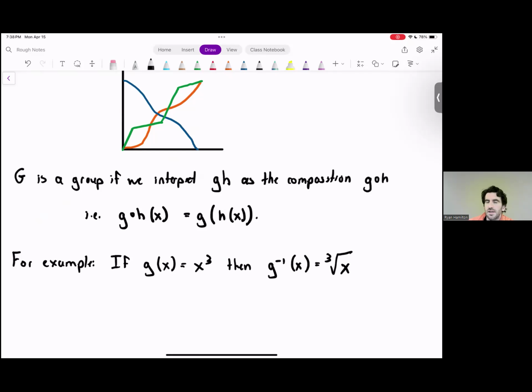Under the action of composition, G composed with G inverse will give the identity. So the identity is the function, we'll just call it f of x equals x. That's the function that when I compose it with any of the other ones, I always get the other one.